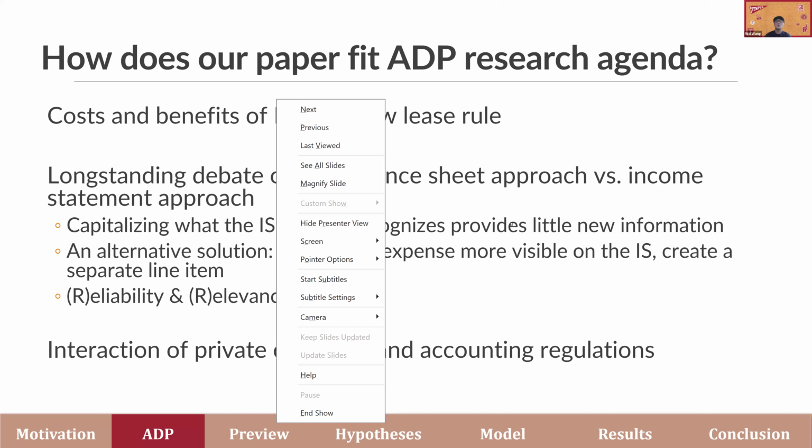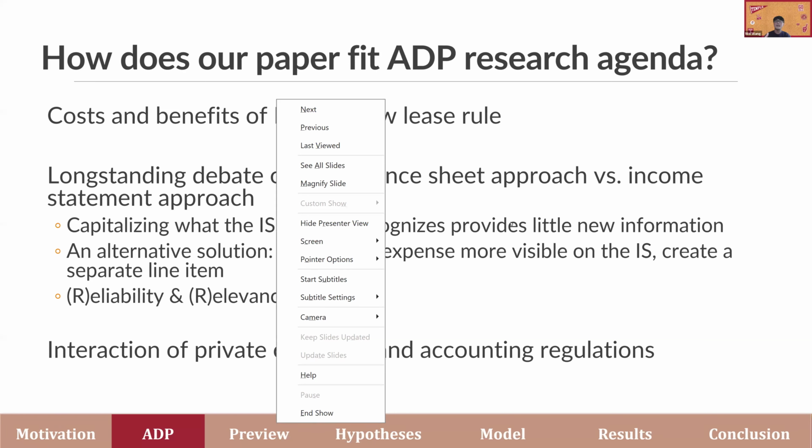Under both the previous ASC 840 and ASC 842, lease expense, true, is recognized on the income statement, but only in such a way that it is included as part of operating expenses.